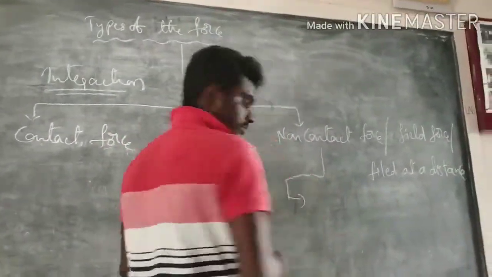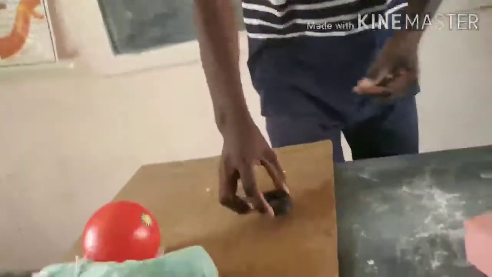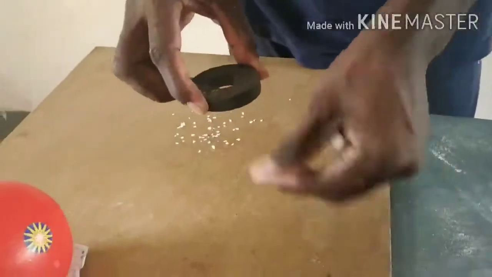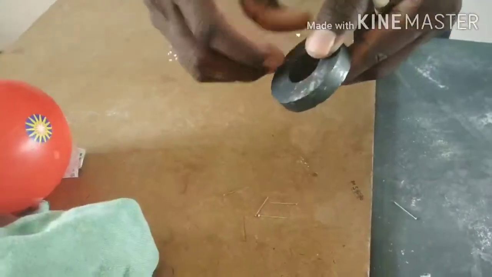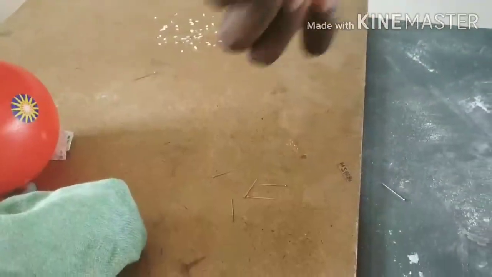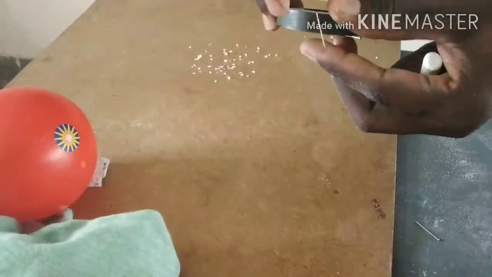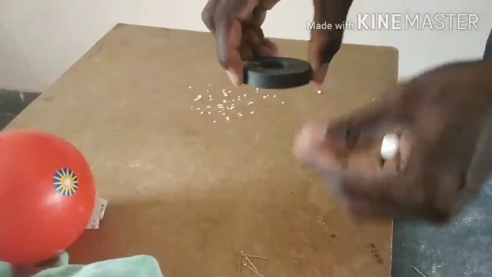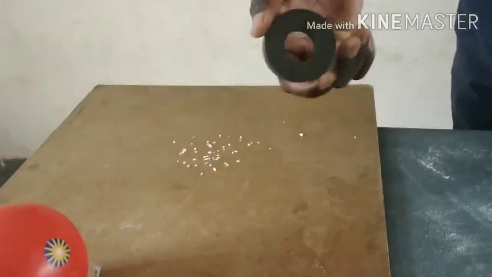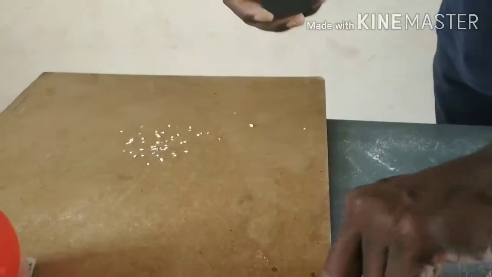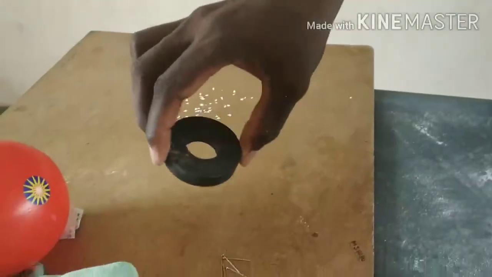As you see, this is a magnet. The magnet attracts the nails. The nails are magnetic materials. So remember, the magnet can only attract magnetic materials, from some distance.